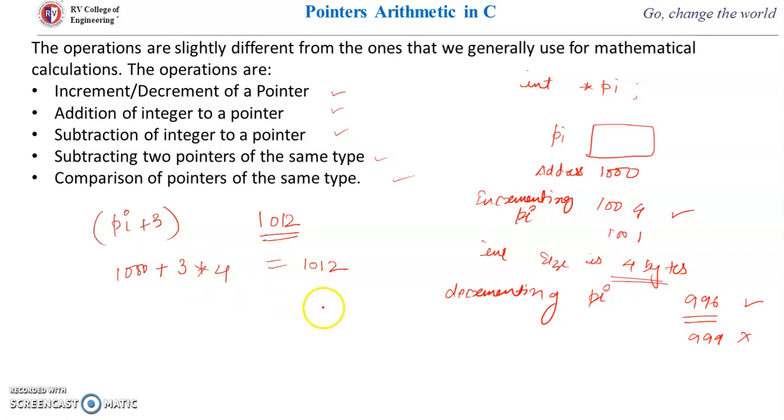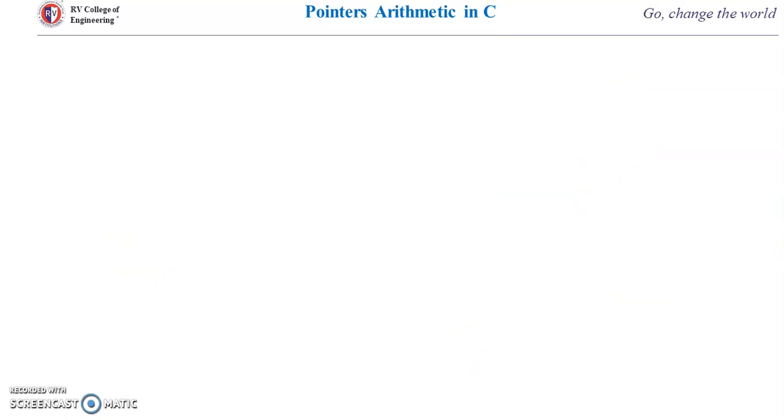So if we add or subtract an integer from a pointer, meaning any integer addition or subtraction on the pointer variable, the result is another pointer of the same type. Let's take one more example.